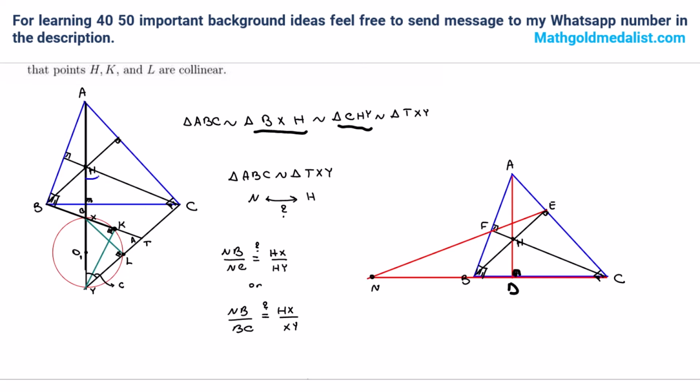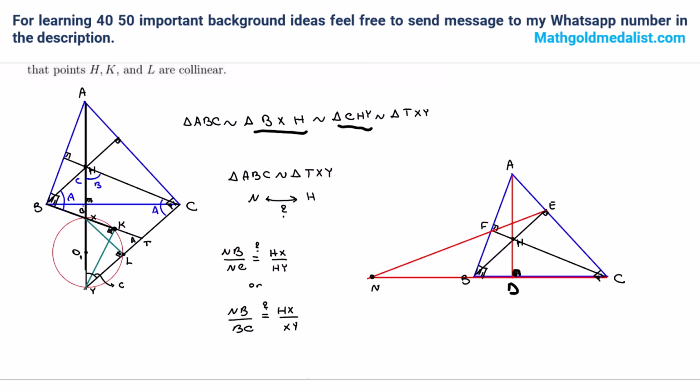This angle is B, this angle is C, this angle is A. And in BXH, this angle is B, this angle is C, this angle is A.